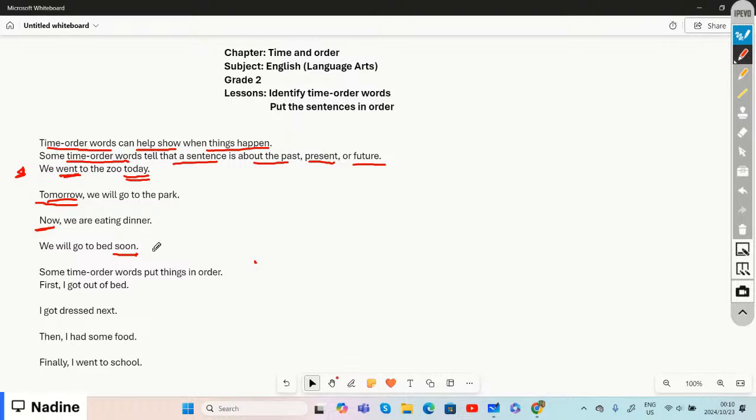All right. And we said some of the time order words they put in order, like for example, first. It's like you're telling a story: first I got out of bed. Secondly, I jumped in the shower. Thirdly, I got dressed. And lastly, I had breakfast.